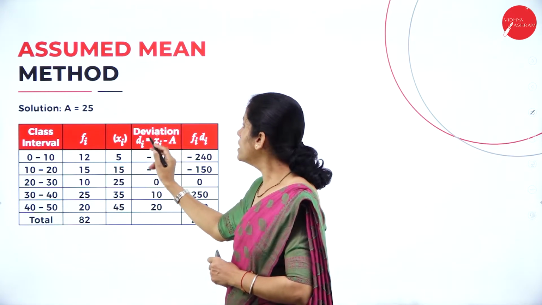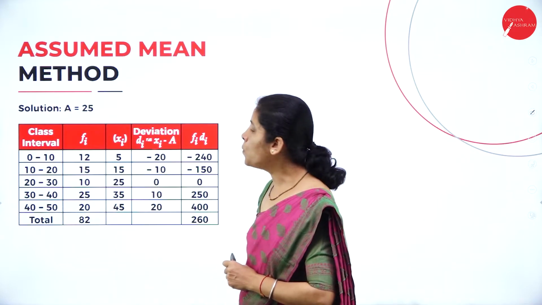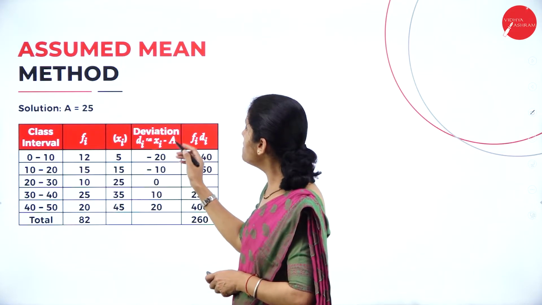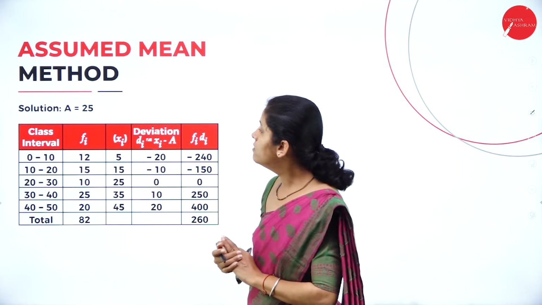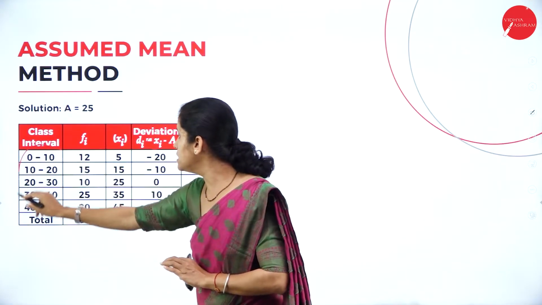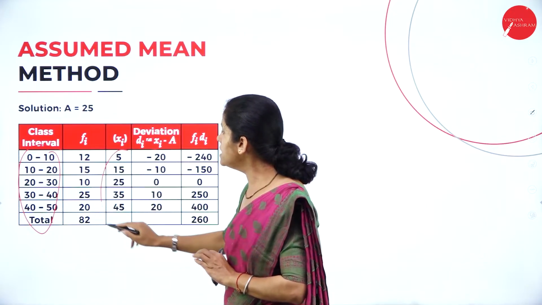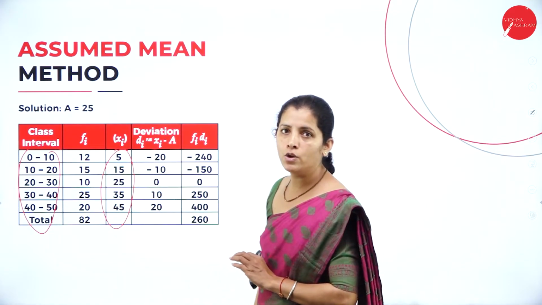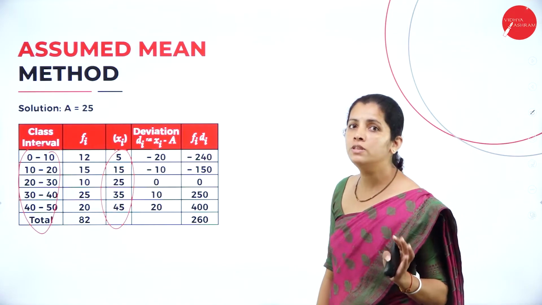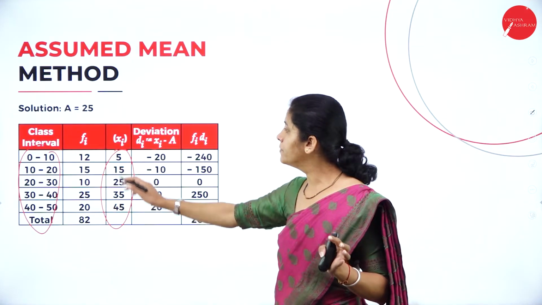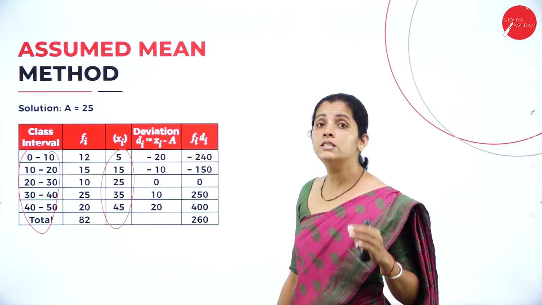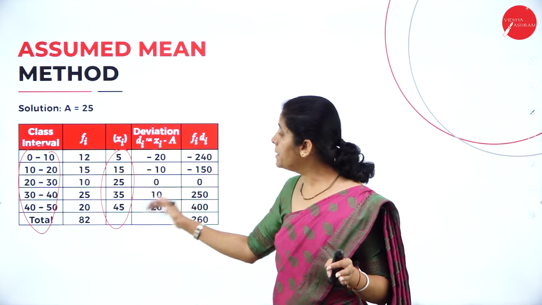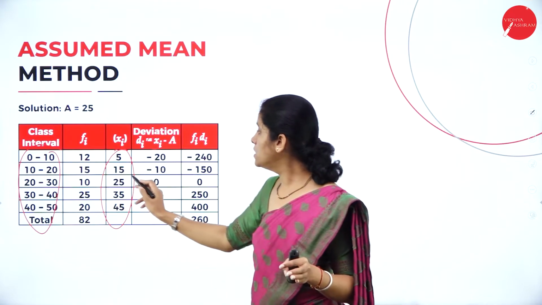Then di, that is xi minus A. This is the example for the assumed mean. By seeing this mid value, I want to assume the mean. See here, which assumed mean A can I consider here? Which mid value can I consider?